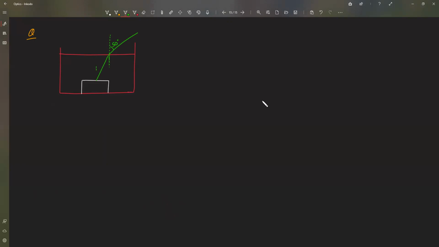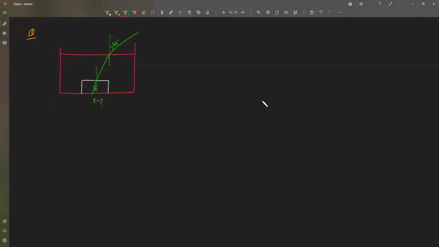So there will be refraction at this surface as well. Calculate the angle of refraction in the glass. So if there is a refraction here, what is the angle of refraction? This is what you have to find.